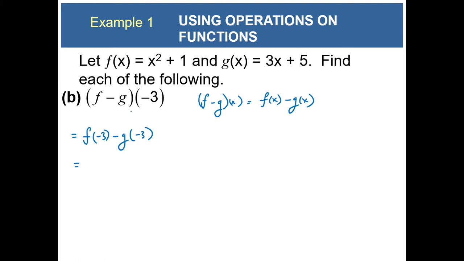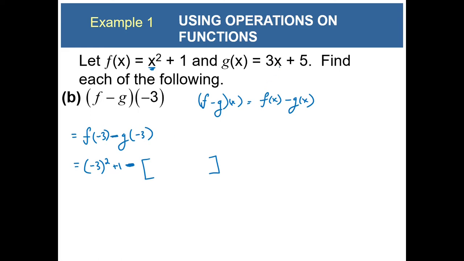F of negative 3 means substitute negative 3 into the function f. So we have negative 3 squared plus 1. We're going to subtract. I'm going to be extra careful with the g function, so I'm going to put a set of brackets so I can distribute that negative throughout the expression for g of negative 3.